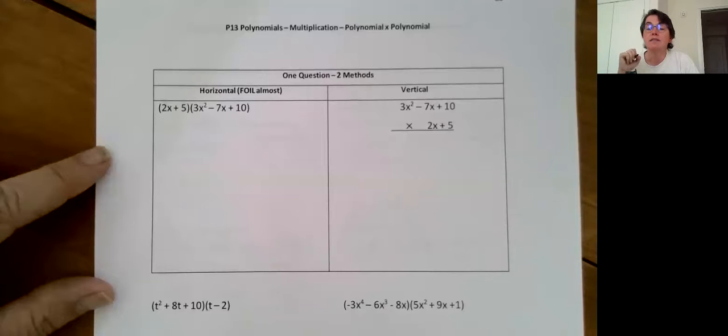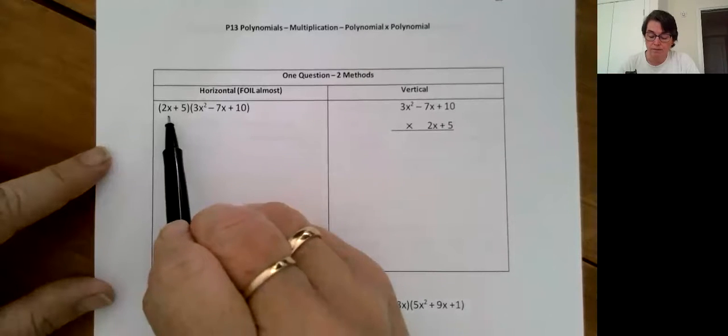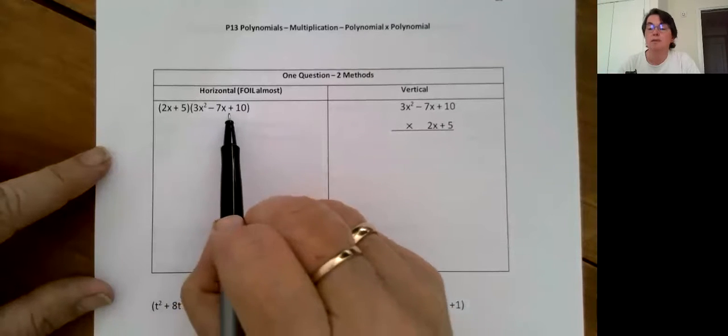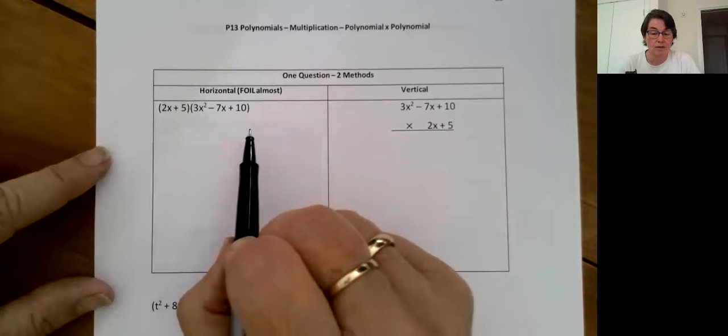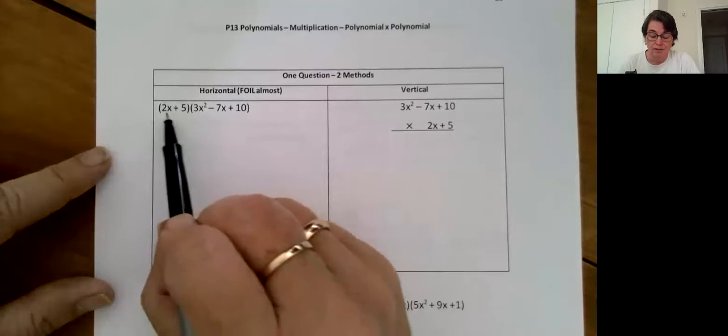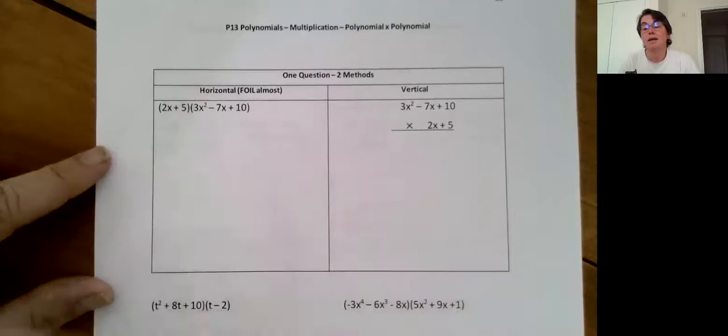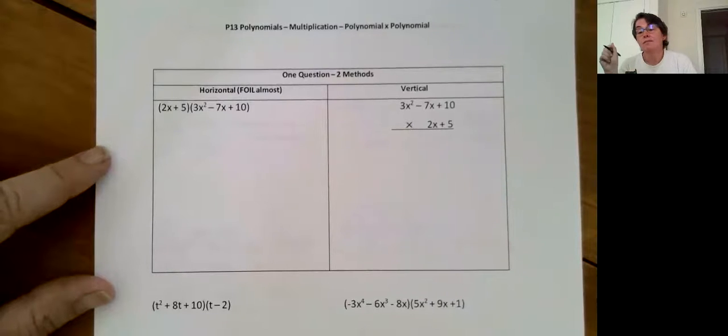All I can say is when you're doing a binomial times a polynomial, basically it's when one of these is more than 2 terms. So it could be like 3 and 3, or, okay, I lie. I am never going to give you 4 terms by 4 terms, because that is just too much work for you and too much work for me, because somebody's going to screw up, and then it's a lot of work for me to track through and find out if there's a mistake in there.